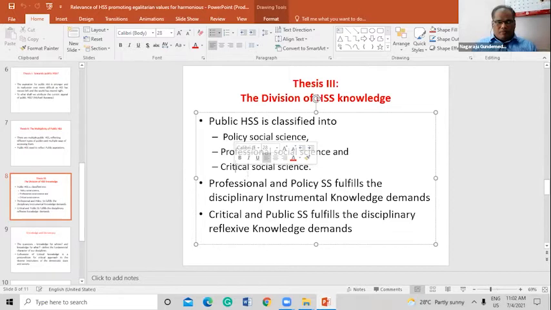What is the role of humanities and social sciences here? The humanities and social sciences have to play a very critical role towards meaning making, towards decoding the different ideas of secularism, and the different meanings attached by the state to the notion of secularism.